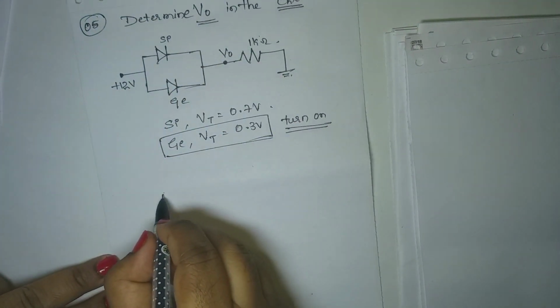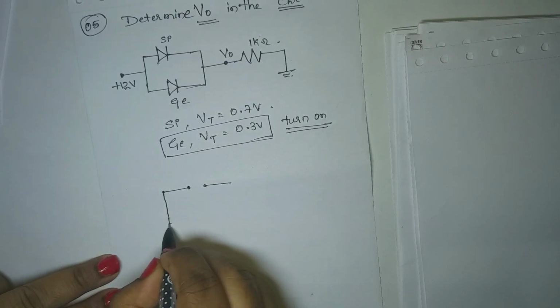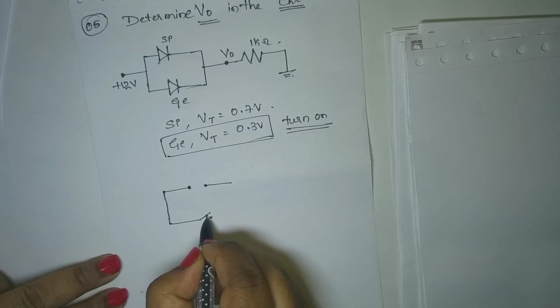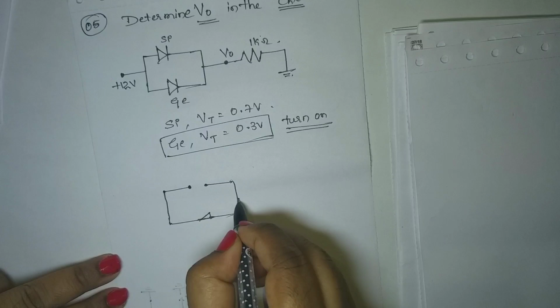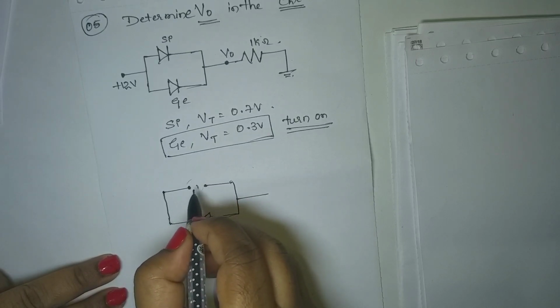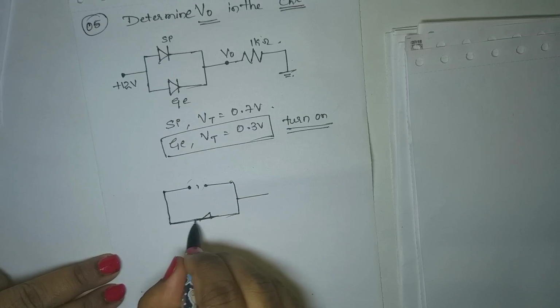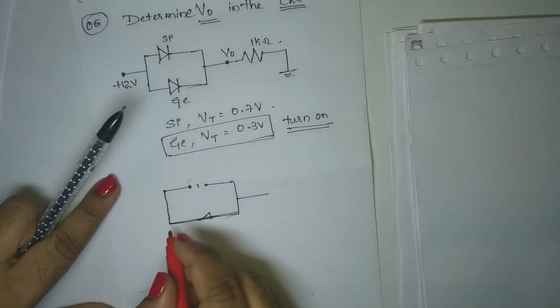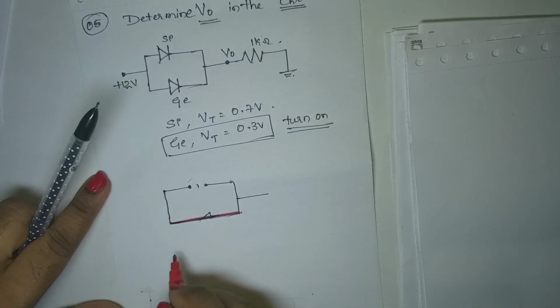How does the circuit become now? The circuit here will be like this. The germanium diode will turn on and make the circuit, and silicon diode will not be allowed to turn on, because once the germanium diode is turned on, it behaves as a short circuit path.